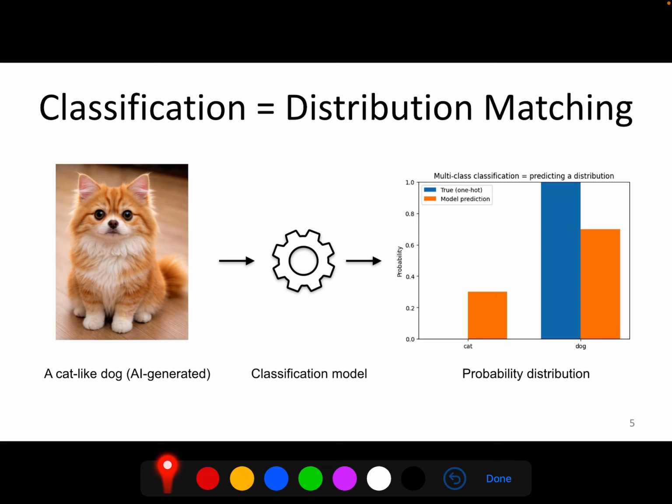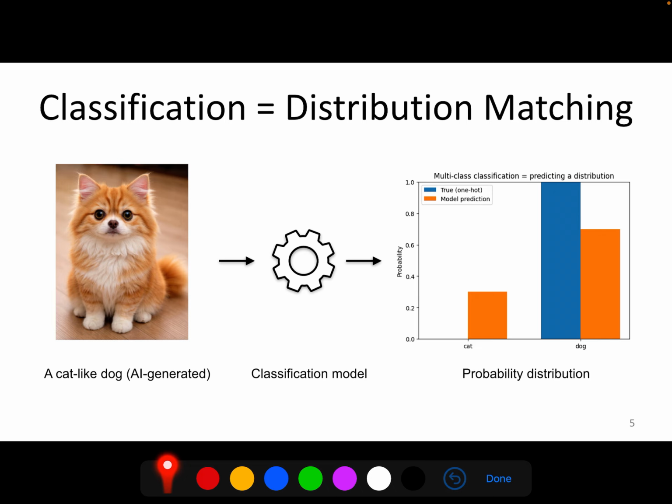Now let's zoom out from binary classification. In general classification, the model outputs a probability distribution over classes. The target is not a number. It's a one-hot distribution, but it's still a distribution.